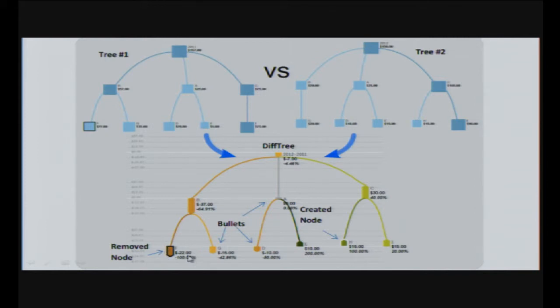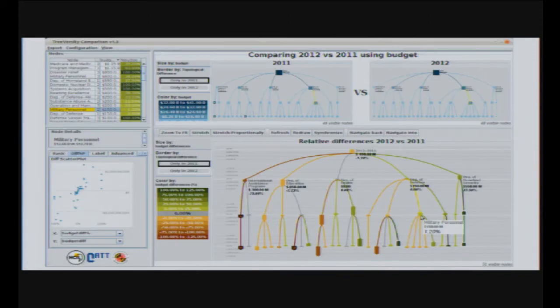It lost 100% of its value, which represents like $22 or whatever. And then over here we have a node that was created. It didn't exist before. And so on and so forth.